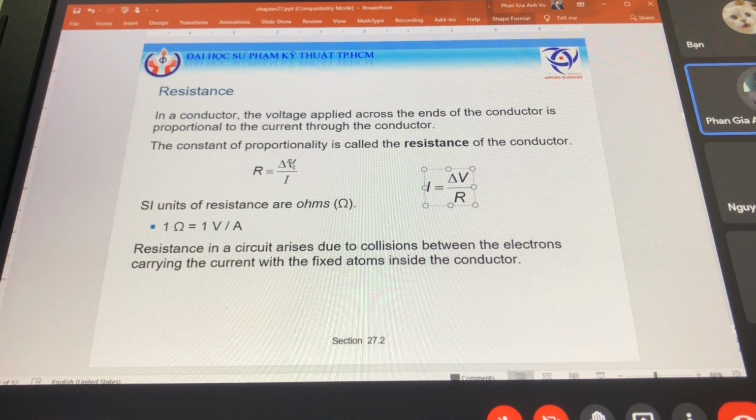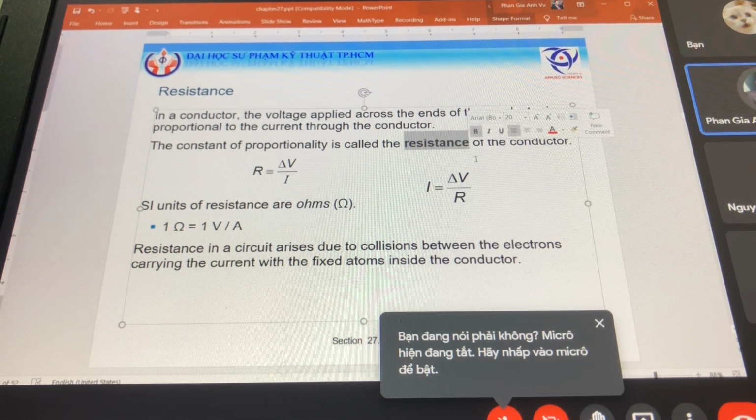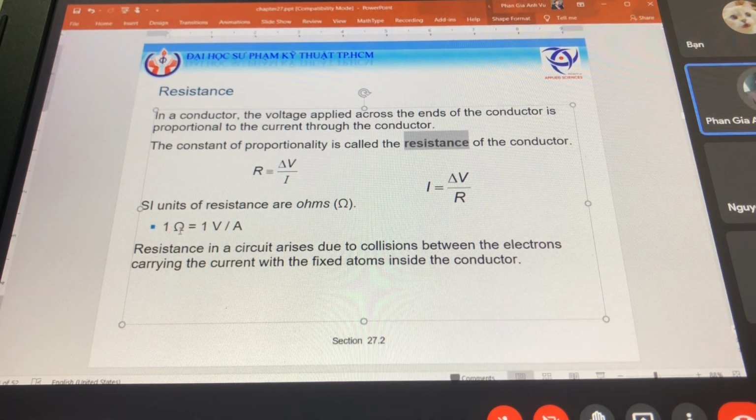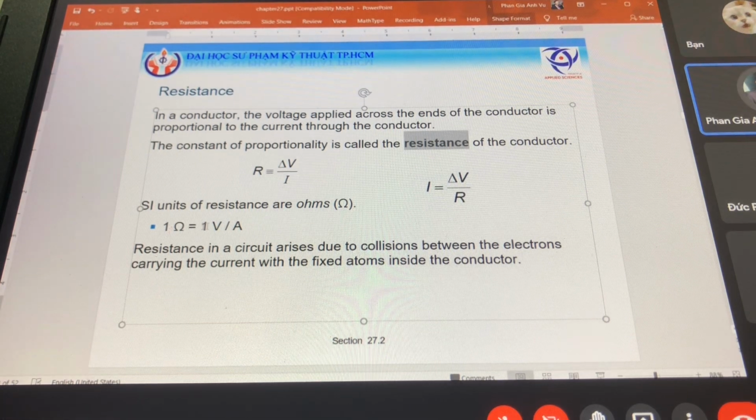The resistor can be measured by its resistance. The resistance has the unit of ohm, after the name of Ohm. So 1 ohm is 1 volt per ampere. Okay, we knew it already.